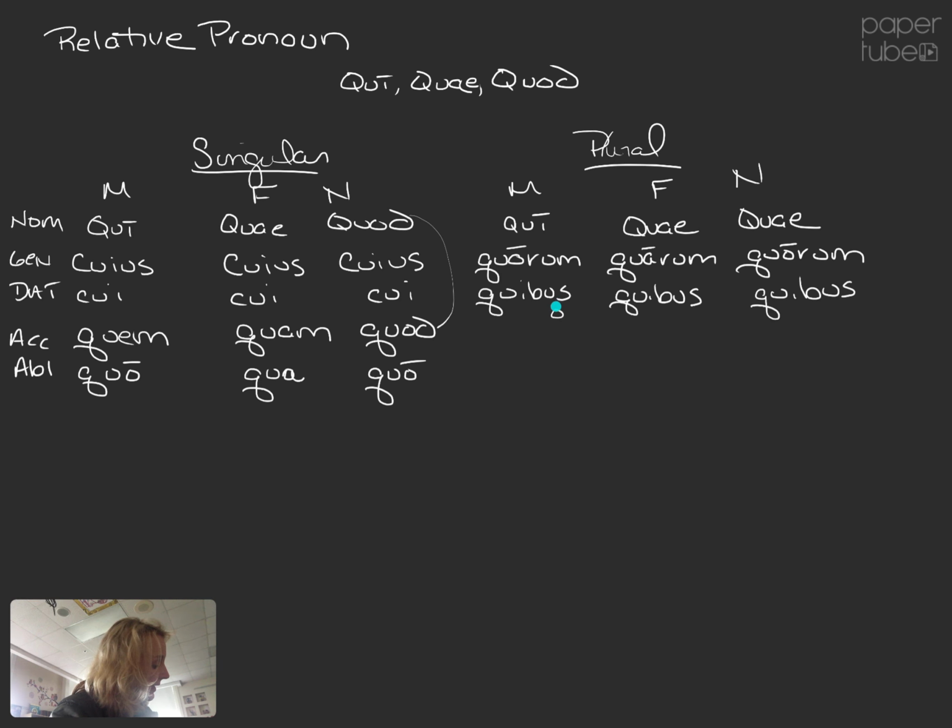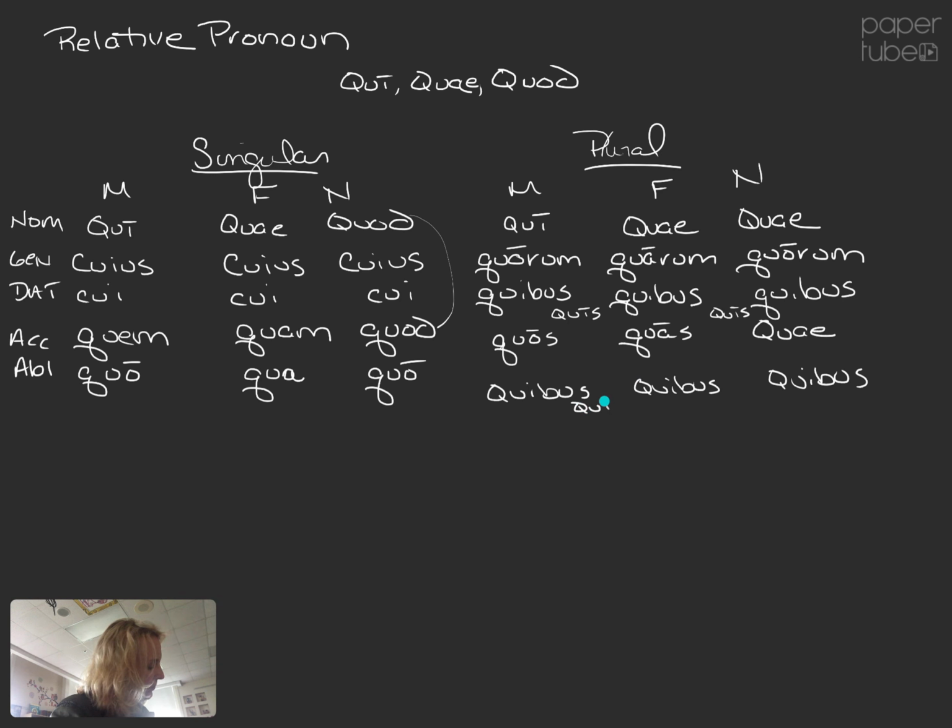But it can be quis for all three, in addition to quibus. And I will look up to see what I was taught. Quos, quas, quae, because remember that neuter nominative and accusative stay the same. Then we have the same ablative as dative, either quibus or quis. I'm going to write quibus, and I will add a quis here just so we remember.